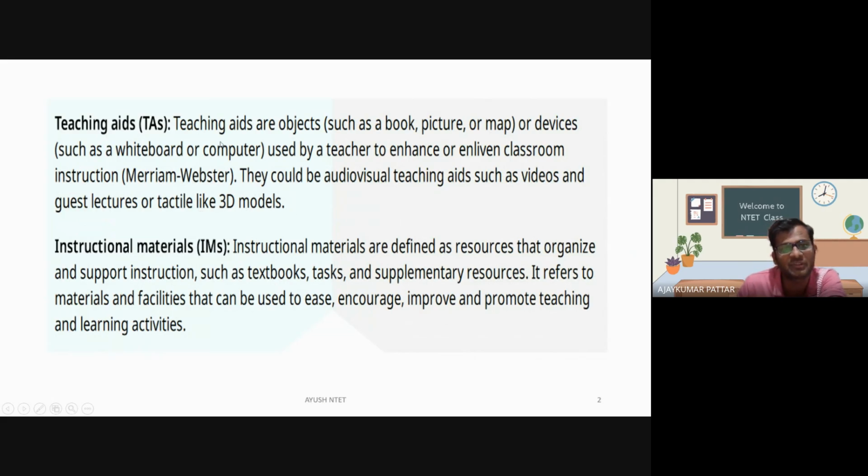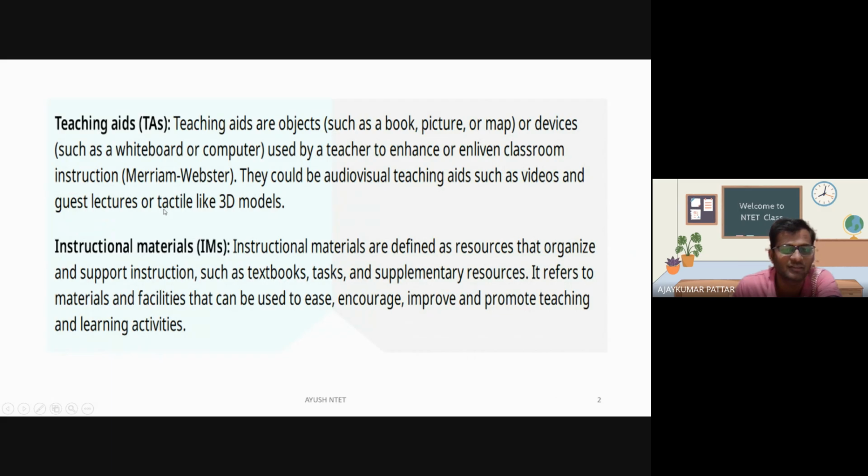What is the meaning of teaching aids? These are objects or devices used by the teacher to enhance or enliven classroom instruction. To enhance teaching, the teacher will use objects such as books, pictures, maps, or some devices, or audiovisual teaching aids such as videos, audios, or 3D models.